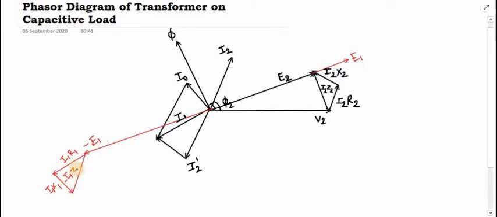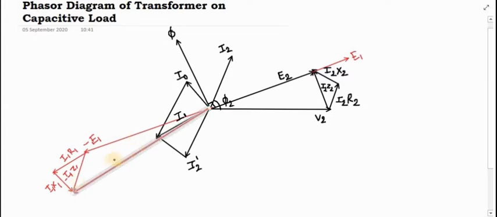And the vector sum of minus E1 and I1 Z1 is nothing but your V1, the primary voltage. And the angle between V1 and I1, this small angle, is nothing but phi 1. And cos phi 1 is nothing but the power factor on the primary side.